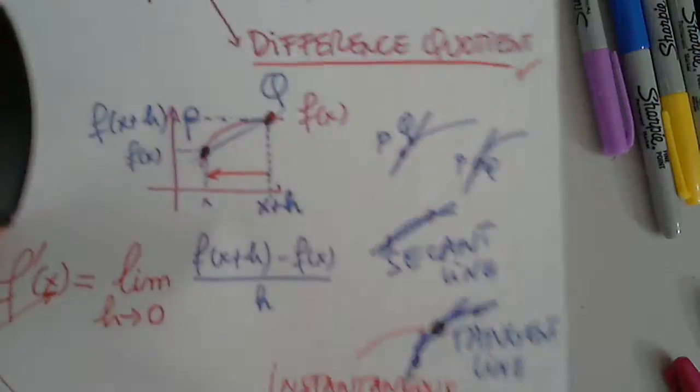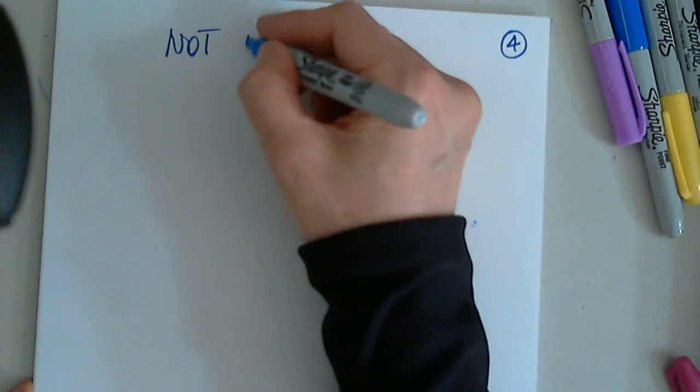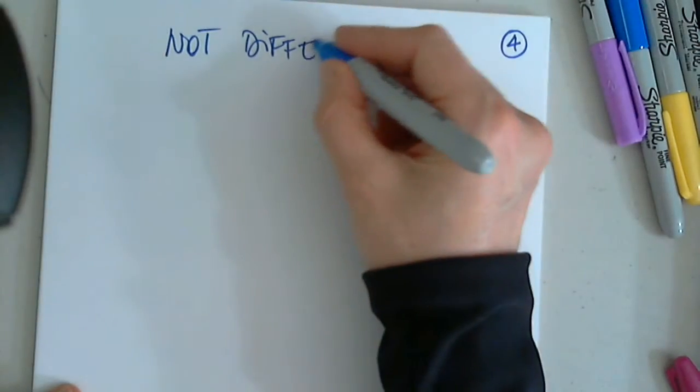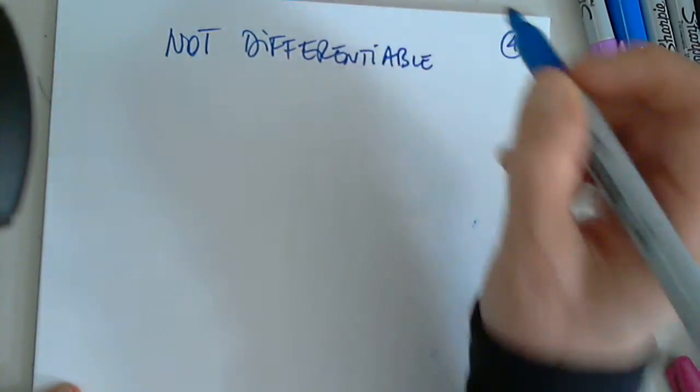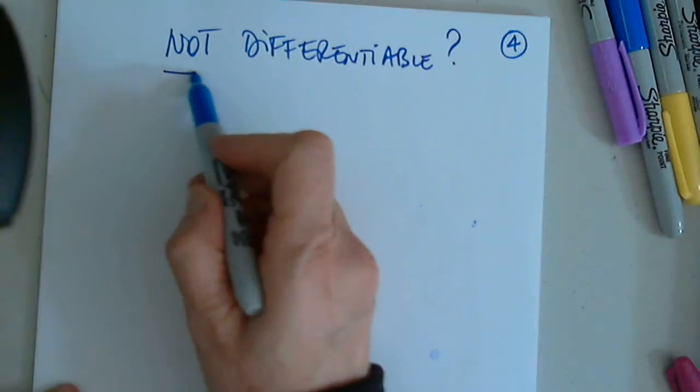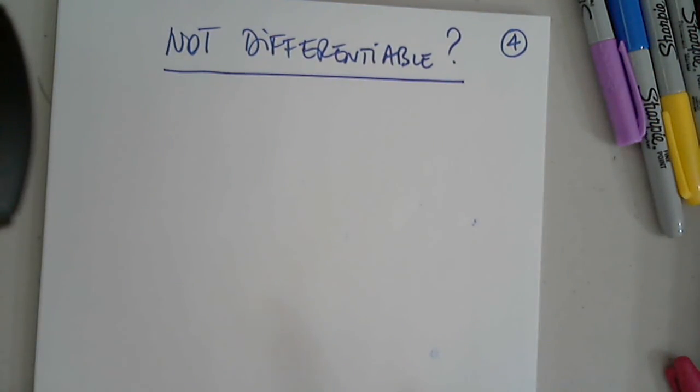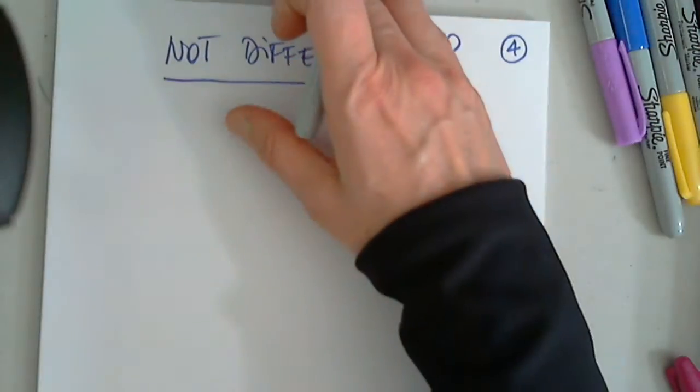So first let's talk about when a function is not differentiable. In other words, it does not have an instantaneous rate of change. Not differentiable in the following situations.